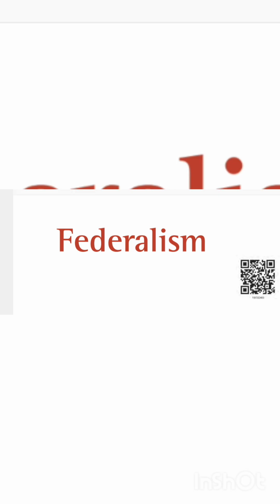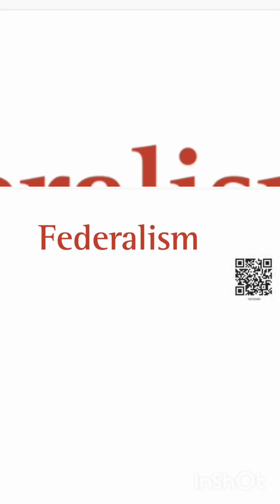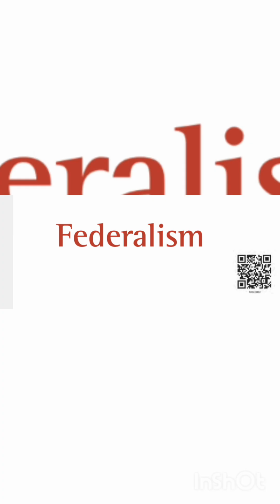In the previous example, the principal is at the top, just as the central government is at the top level. Then teachers are the second level, and states in the case of a country are the second level, and the third level is the local government. So when there is division of power among different levels of government, like central, state and local levels, this directs us to the concept of federalism.